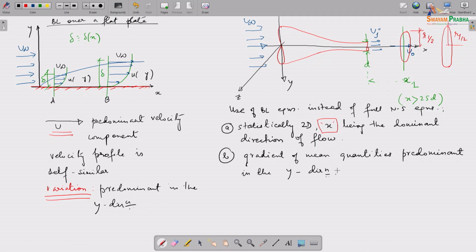So I repeat myself: the dominant velocity is the x component of velocity, but its variation is in the y direction. This is very important, and that's exactly what's going on in a boundary layer as well.